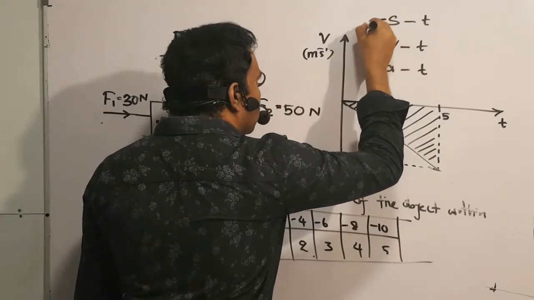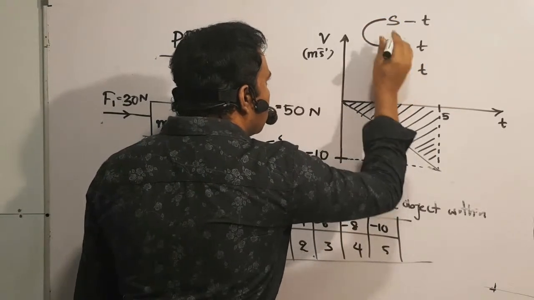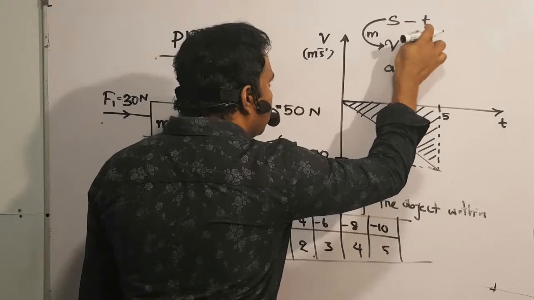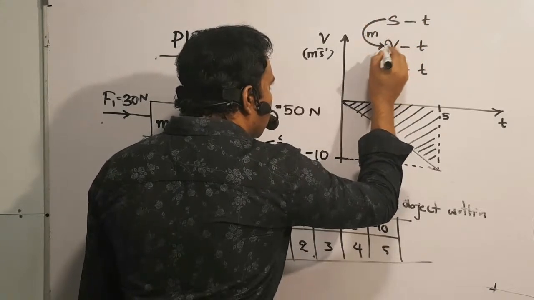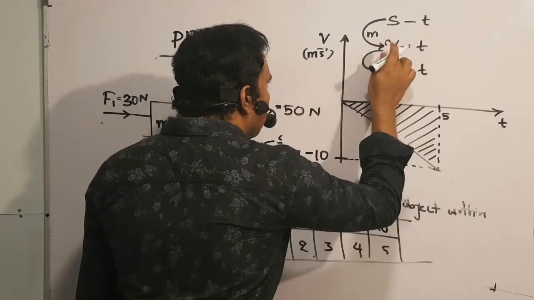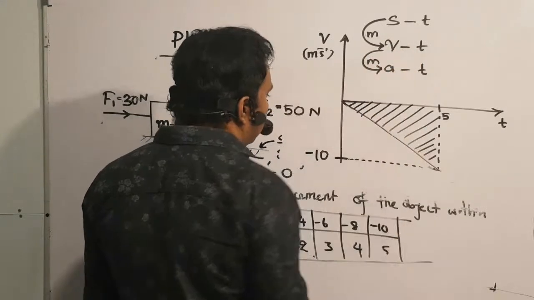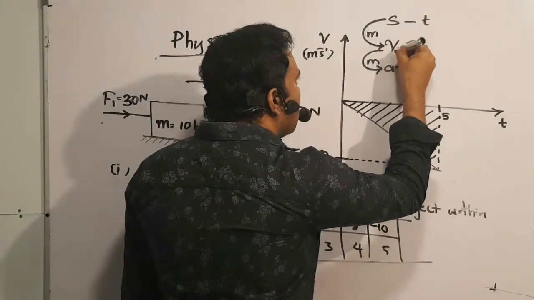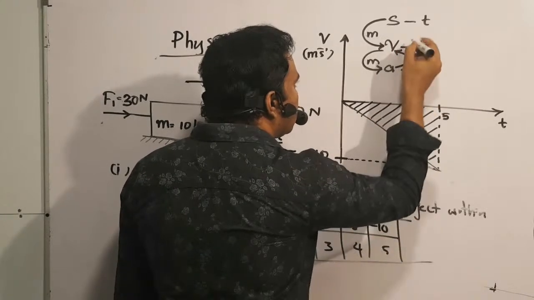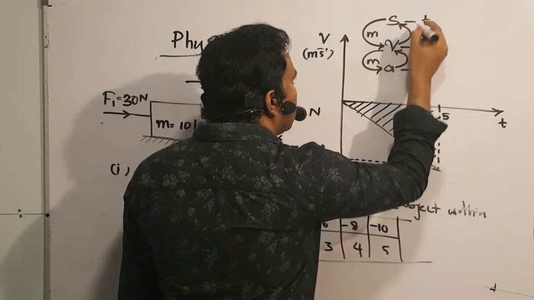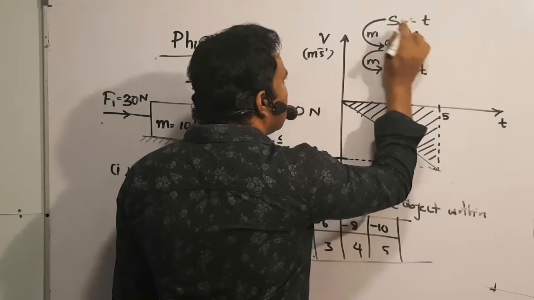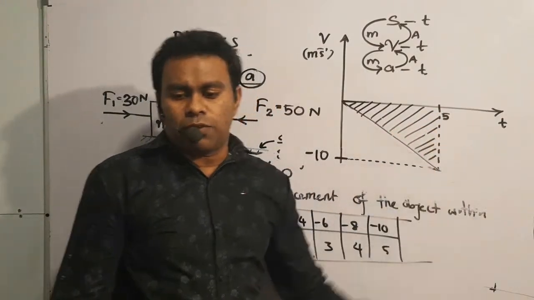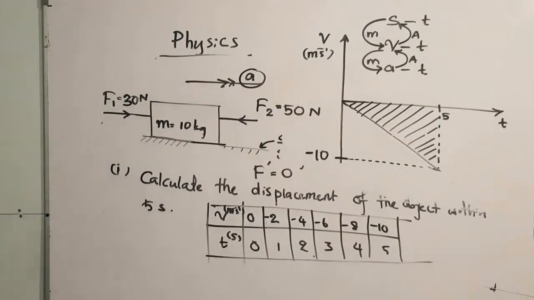Next thing, the gradient of the displacement time graph gives the velocity, and the gradient of the velocity time graph gives the acceleration. On the other hand, the area under the acceleration time graph gives velocity, as well as the area under the velocity time graph gives the displacement. If you simply calculate the area under the graph, you can find the total displacement.